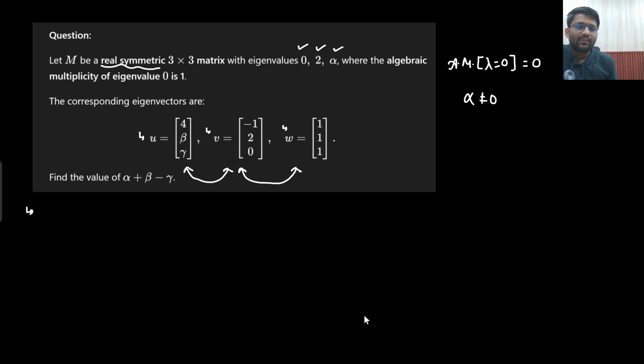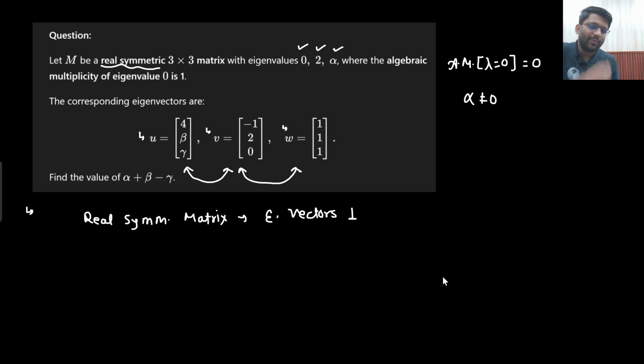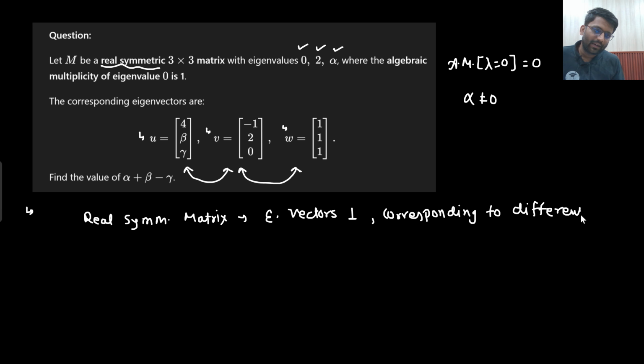Then what I thought, if it is a real symmetric matrix, then eigenvectors corresponding to different eigenvalues will be orthogonal.